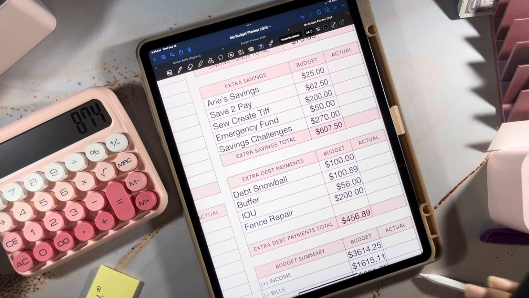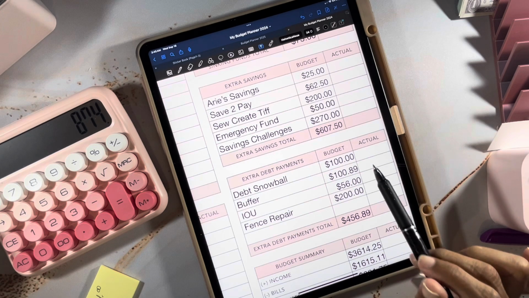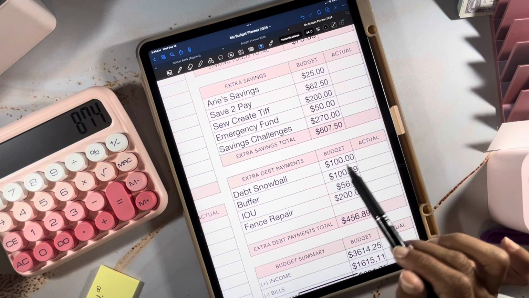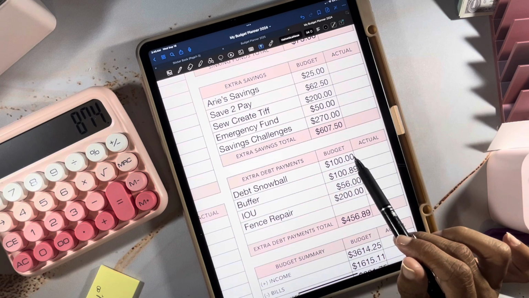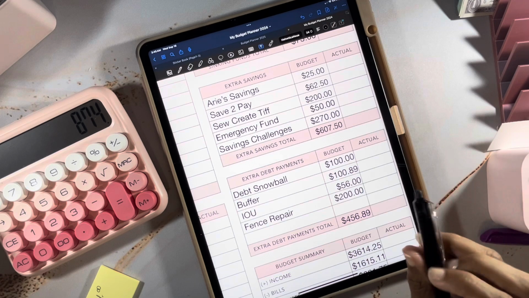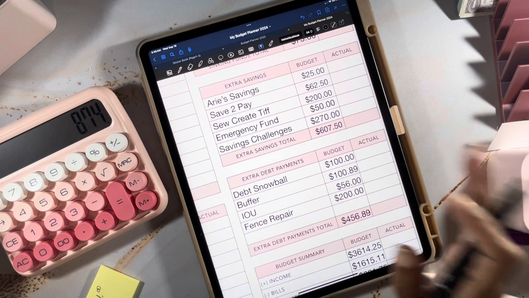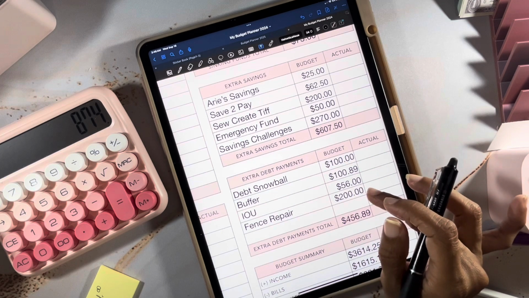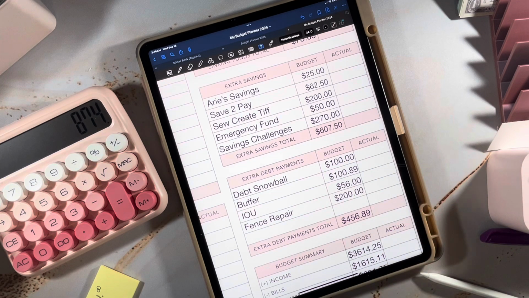I won't be giving him cash. And here, I may add this $100 as cash and put it into my budgeting account, and then pay the debt from that. The buffer is going to stay in there. We'll sort this all out off camera, because this video is already a little lengthy.